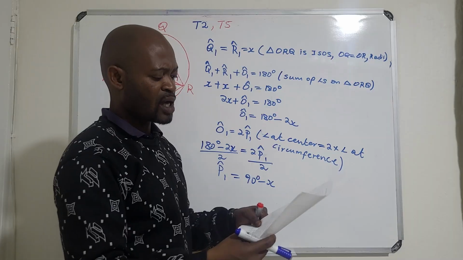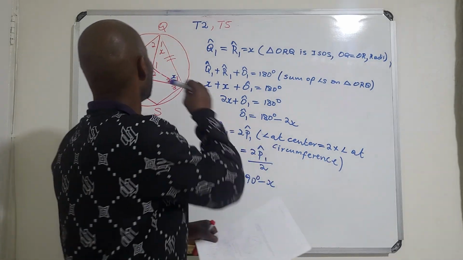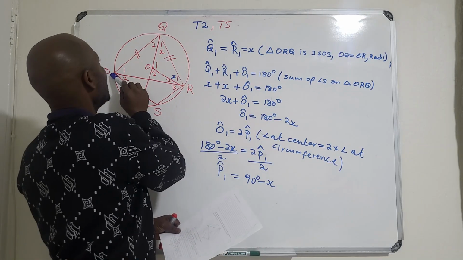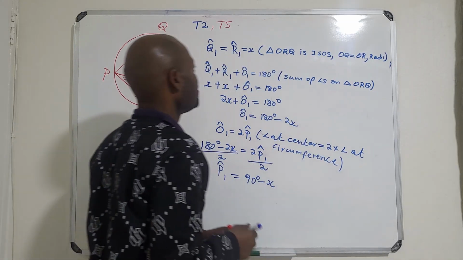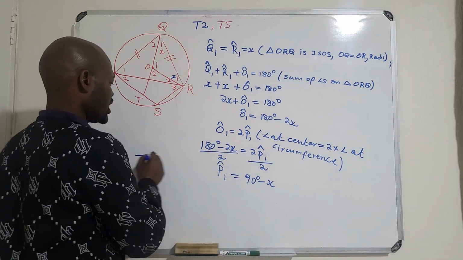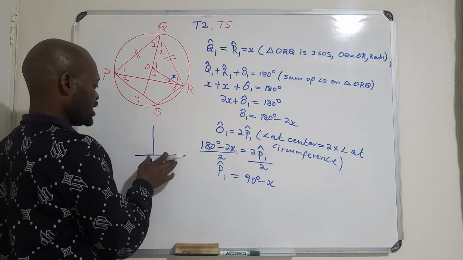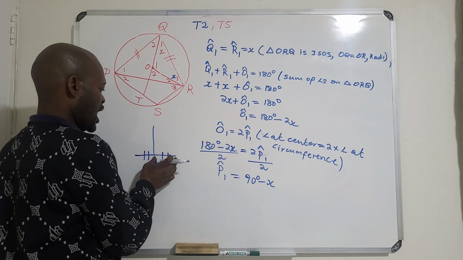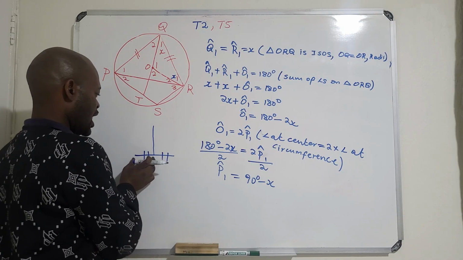Now they say to us, show that TQ bisects angle PQR. Bisecting means we can bisect a line. This line bisects this line into two equal lengths.